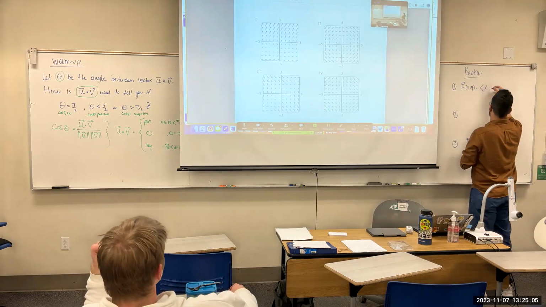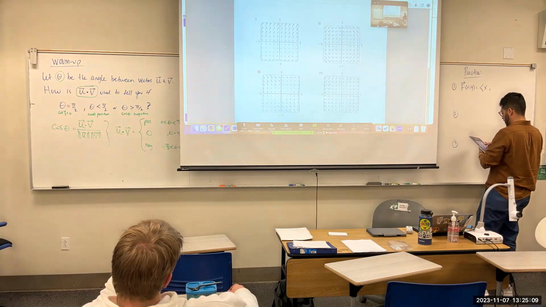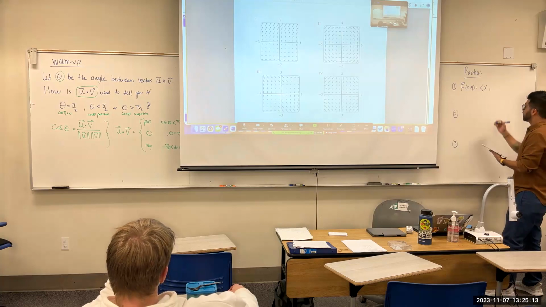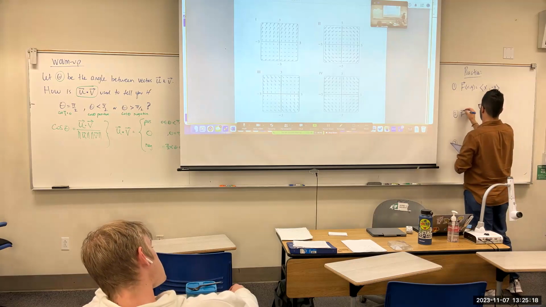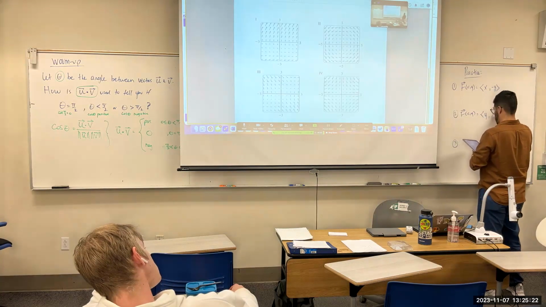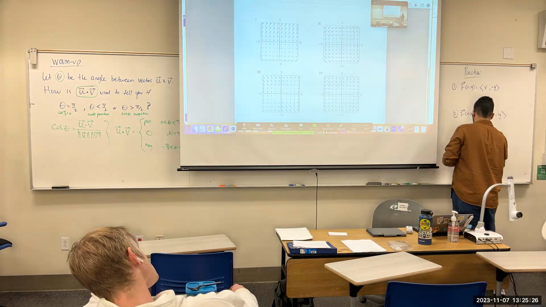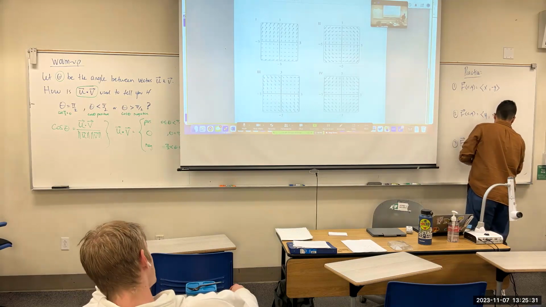So there's this vector field here. There's this vector field here, y and then x minus y. And then there's this vector field, y and then we have x two.